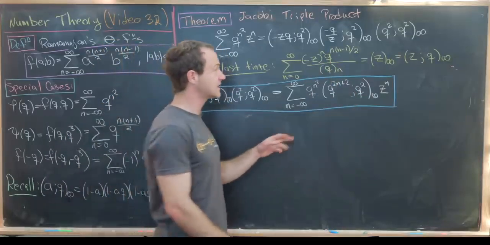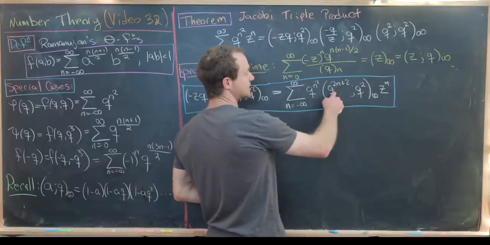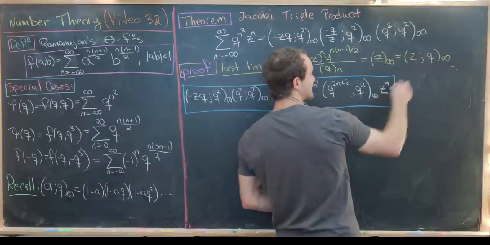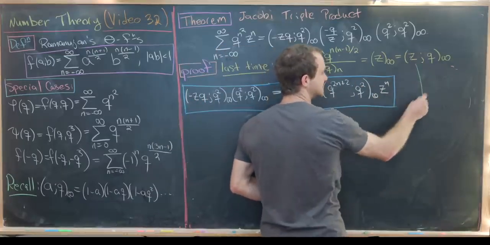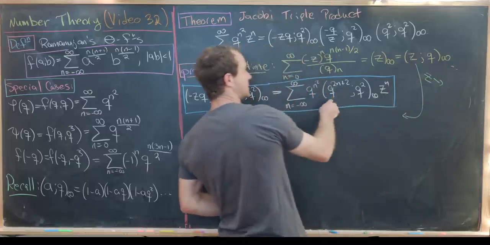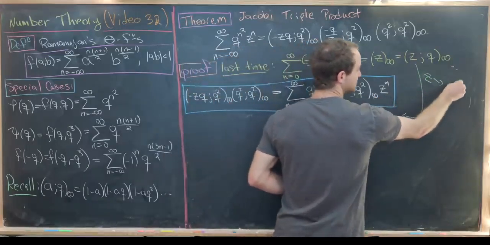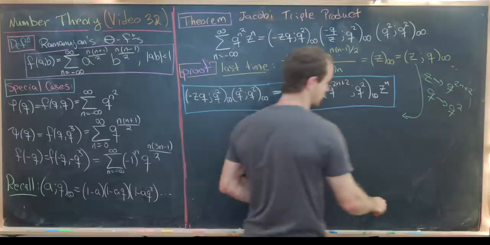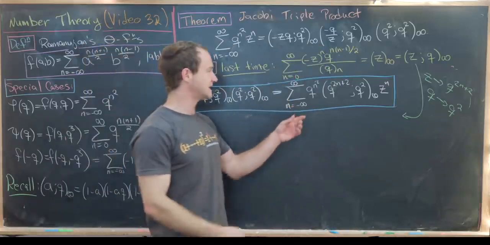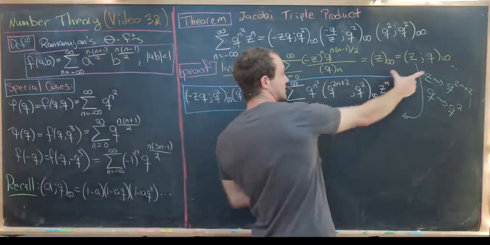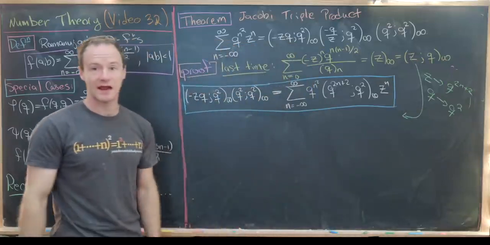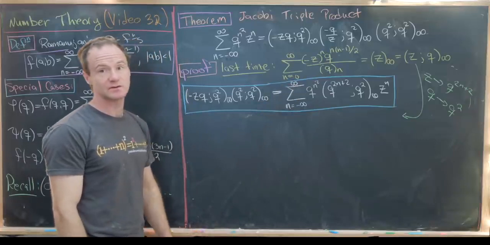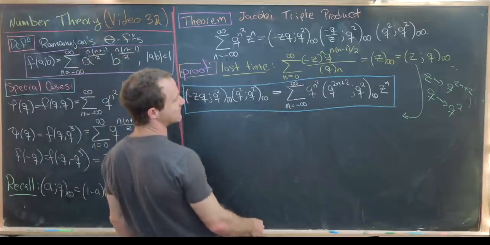But it's actually pretty clear if you look at it. Notice that this (q^(2n+2); q squared) infinity is exactly this guy where we have replaced z with q to the 2n plus 2, and we've replaced q with q squared. So if we make that replacement, then this thing right here turns exactly into this right-hand side of our yellow identity. So that means we need to make the replacements on the left-hand side as well. Okay, so let's see what we've got.